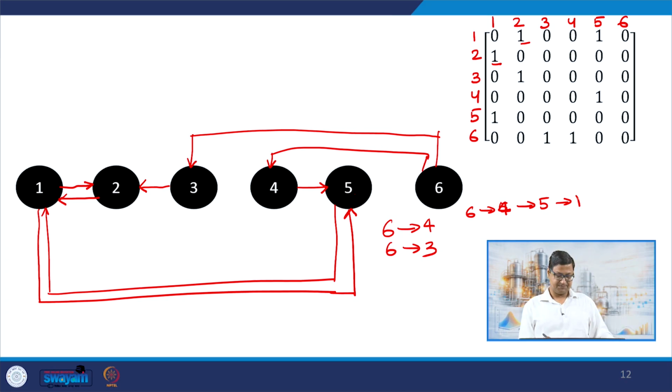And then once I get to 1, I can go to 2, right? So I can go to 1, I can go to 2, I can go to 4, I can go to 5, and I can go to 3. So starting from 6, I can basically go to every other tank in the problem, right?